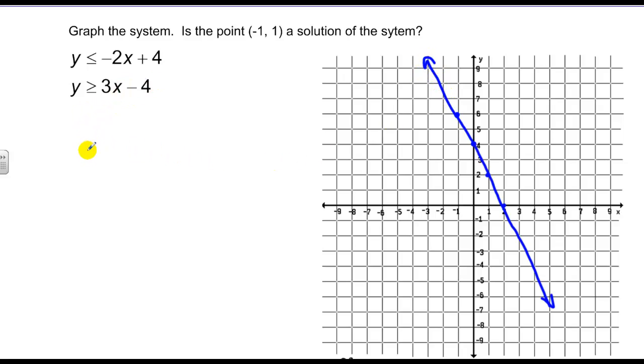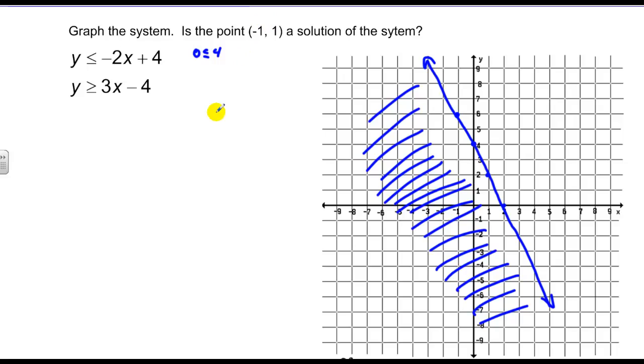And then I'd have to shade, so I'll pick a sample point of 0, 0. So I ask, is 0 less than or equal to 4? The answer is yes. So I'll shade towards 0, 0.